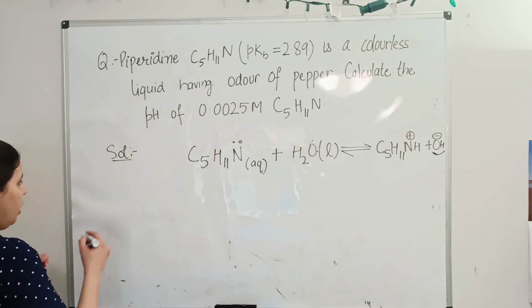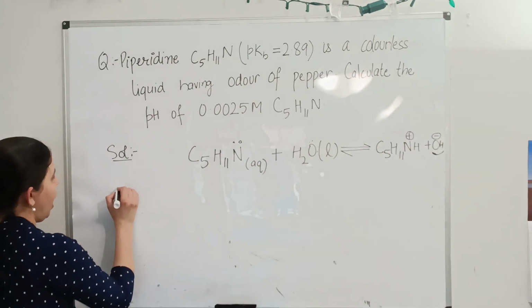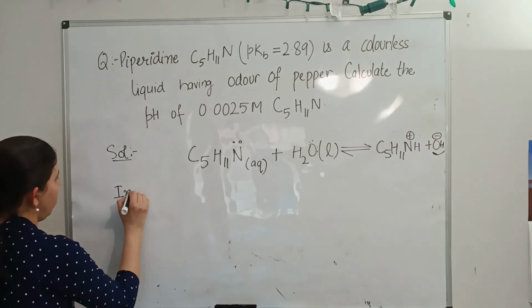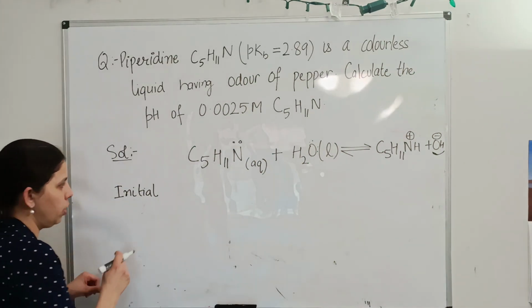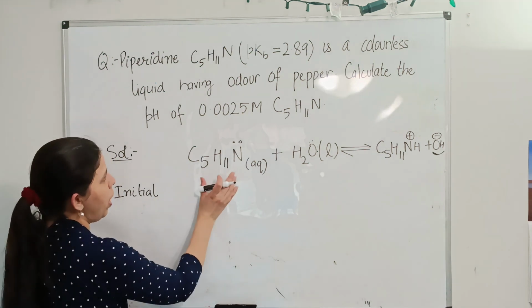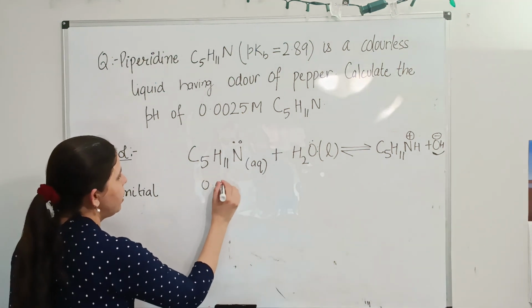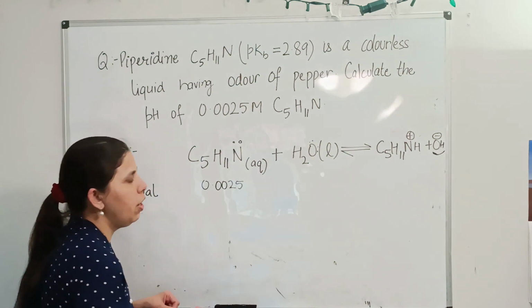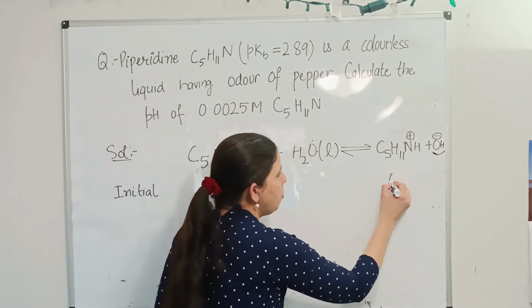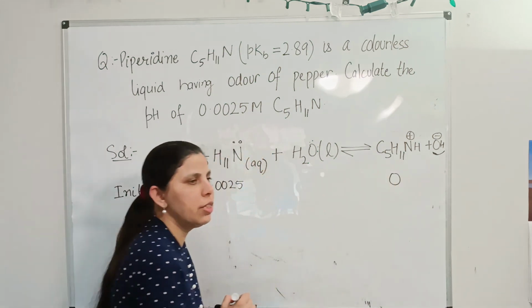So let's apply the ICE methodology, which is initial, change and equilibrium methodology. Initial concentration of piperidine is given to be 0.0025 molar. When we started, we didn't have any product, so the concentration is 0.